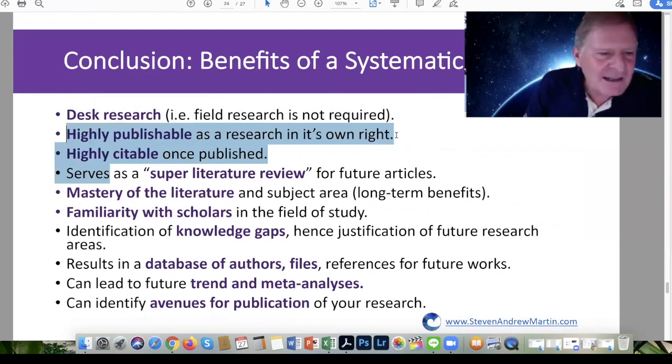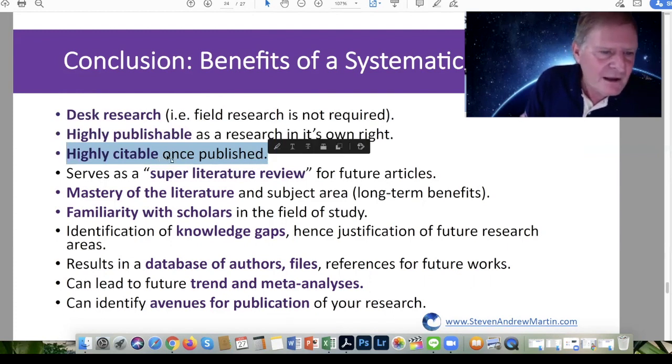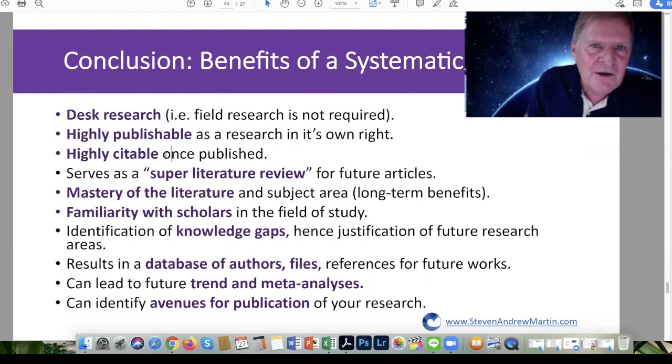Systematic review is highly publishable in its own right. It'll get highly cited. So once you create a body of literature and review it, let's say qualitatively and quantitatively, anyone who publishes in this field of study in the future is almost certainly going to cite you. Do you remember back when we saw the criteria to become a full professor in Thailand?